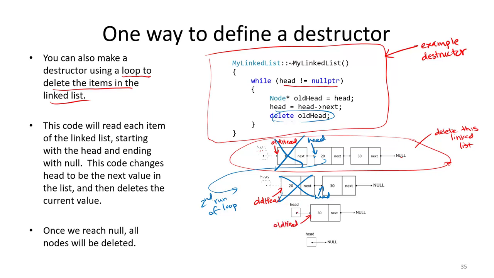So we make oldHead point where head points. Then we move head to where head arrow next points. We delete oldHead, and our final result will be our loop will stop because head is now pointing at null.